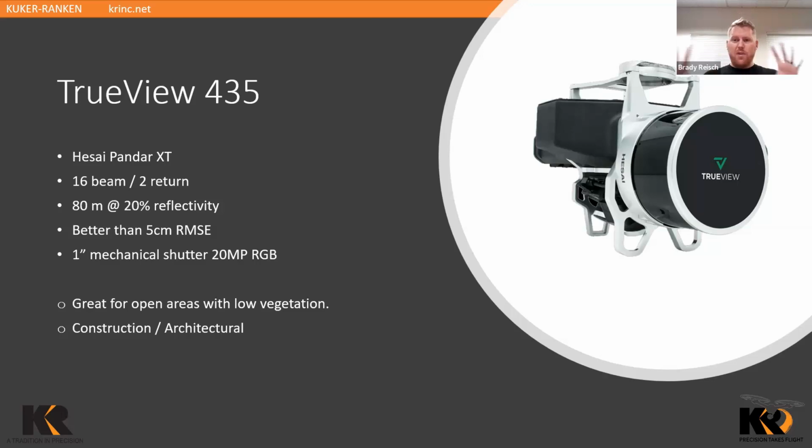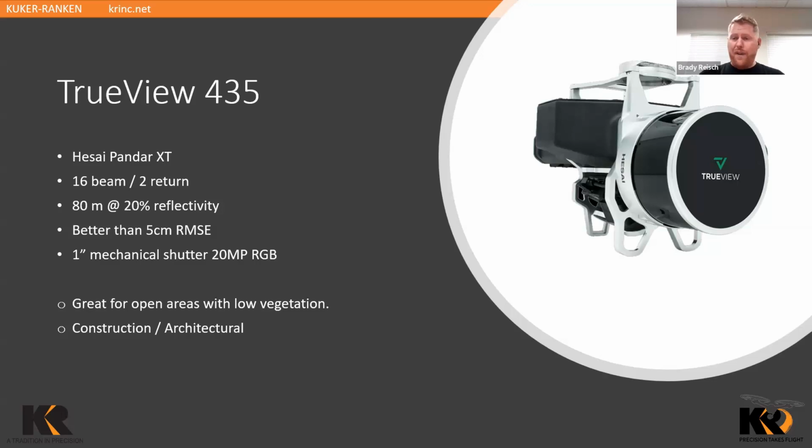So it's constantly going out as the drone is flying, touches something, comes back into the sensor, and it says, hey, I have 1 return. I need another one in order to create a point on the point cloud. This is just to reduce any extra noise or other things that might come back into the sensor. Different reflective material kind of changes that as well. So it requires 2 returns coming into it.